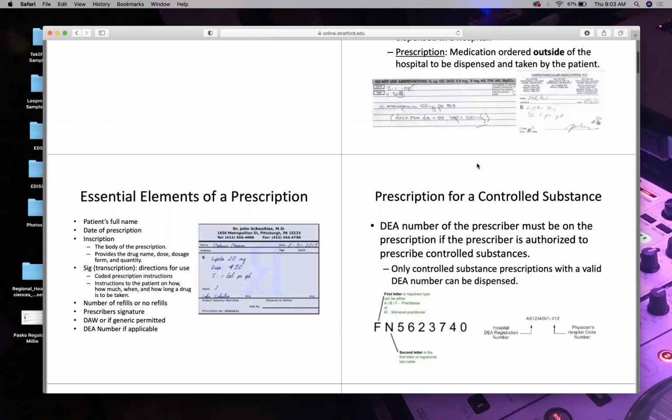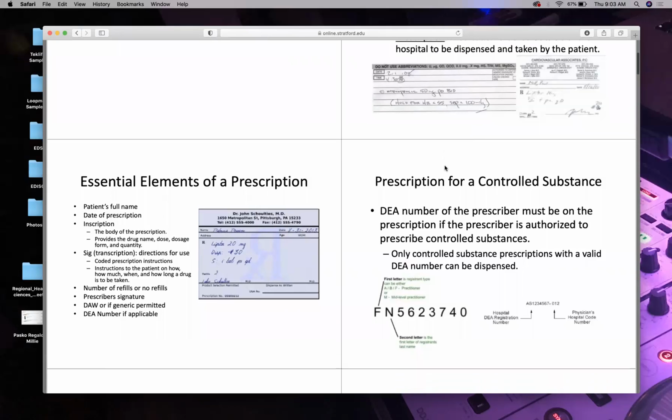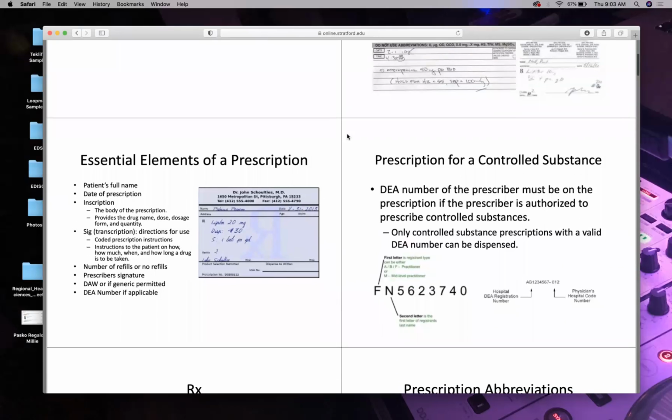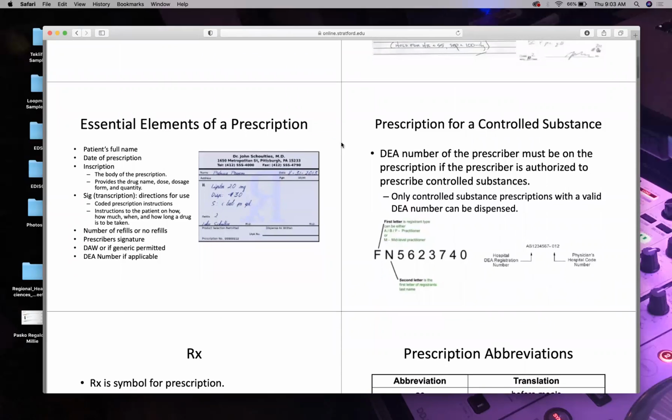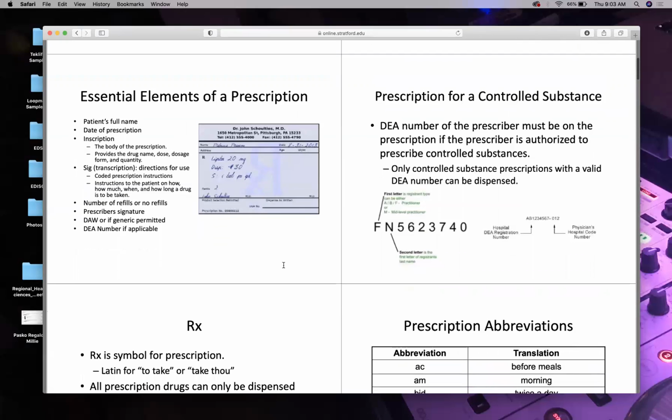But what may not be clear is maybe generic versus brand. Those of you who did reply said that in general, yes, there's no real difference between generic and the brand, but there are differences regarding payment. So many times certain insurances and certain payment plans require that it has to be generic.